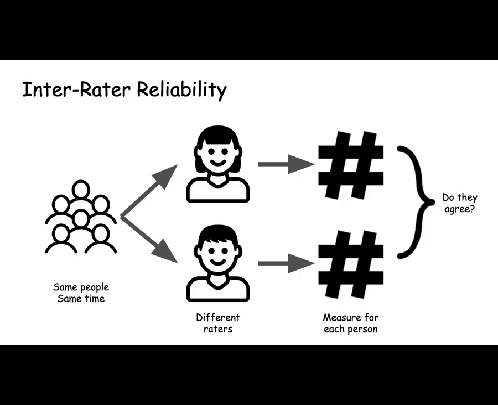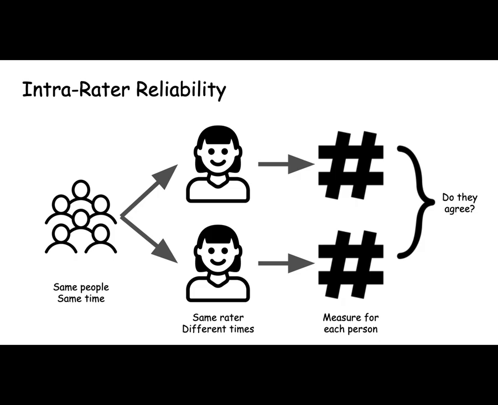Inter-rater reliability is looking at whether two raters come up with the same results when they measure the same group of people at the same time. Intra-rater reliability means the same rater looking at the same people gets the same results.